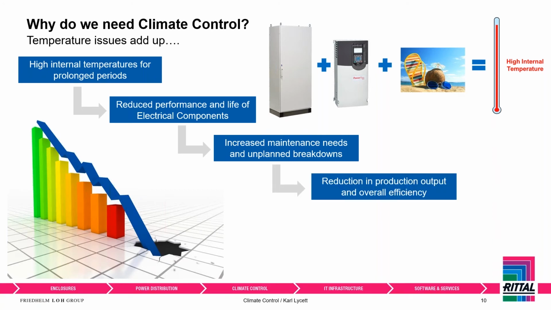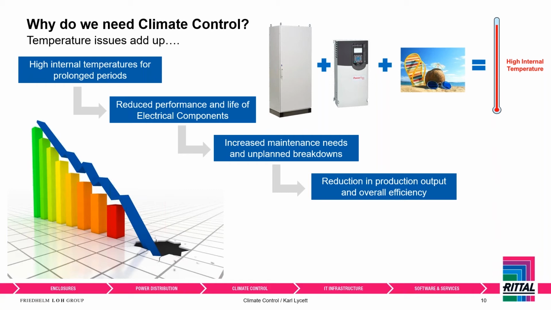But this is going to reduce your production output and the overall efficiency of the plant. I'm not trying to coin a phrase on what's happening at the moment, but as we know, food and beverage plants, or, it seems like, toilet paper manufacturers, all these people that are making things that people are panic buying or requiring at a much bigger level at the moment, they'll be working at a higher production output than normal.